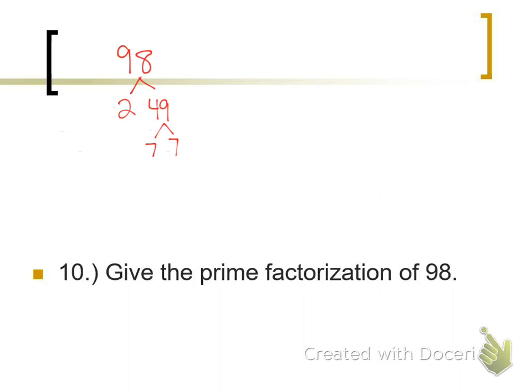Our prime factorization is 2 times 7 times 7, or 2 times 7 squared. Does not matter to me which way you write it. So if you see prime factorization, you need to make a factor tree. Questions, concerns, need more time with number 10?